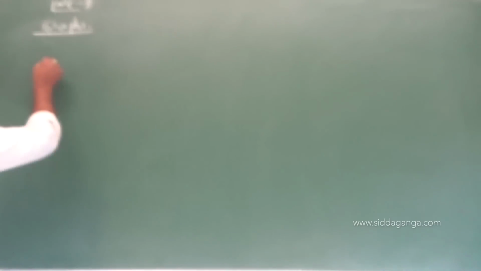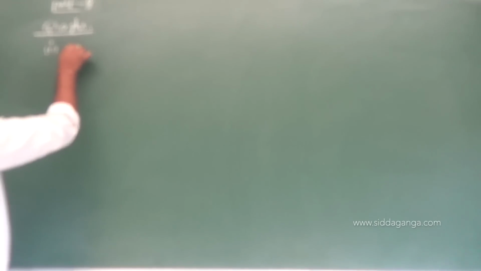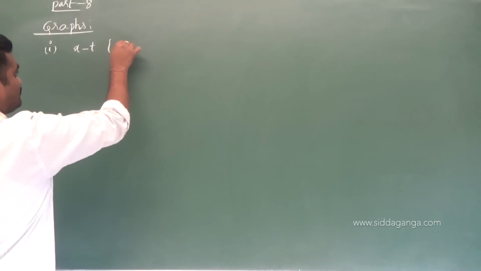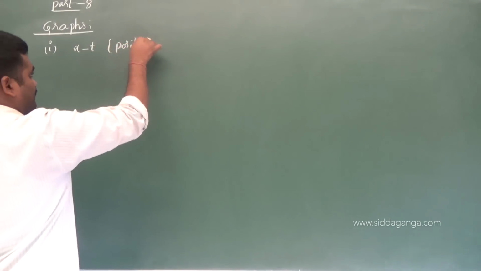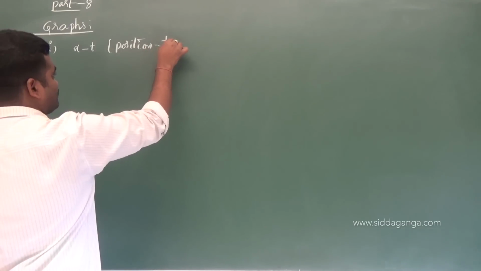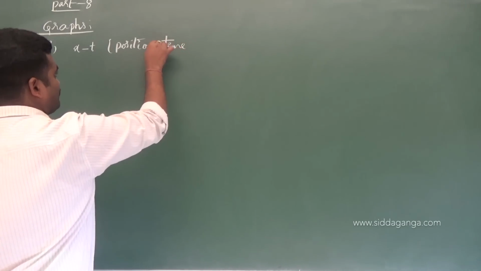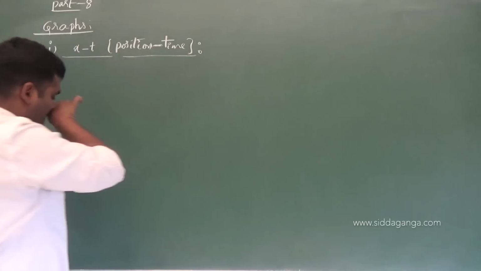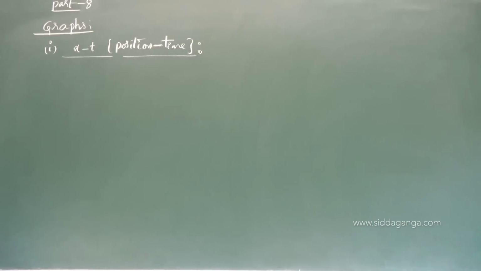Firstly, position time graphs. For all kinds of x-t graphs, I wish to say x-t graphs are position-time graphs. Position time graphs we are going to draw first, in all the cases.